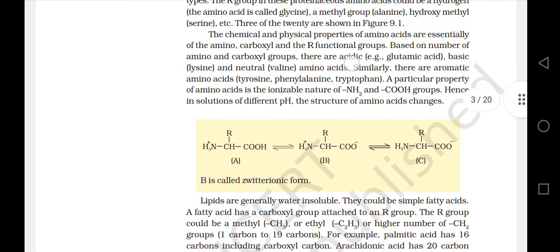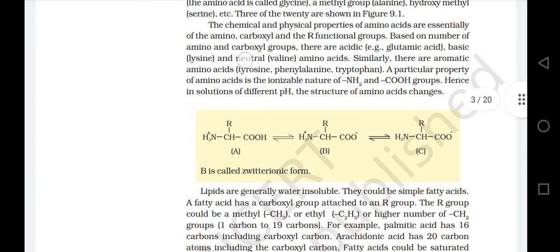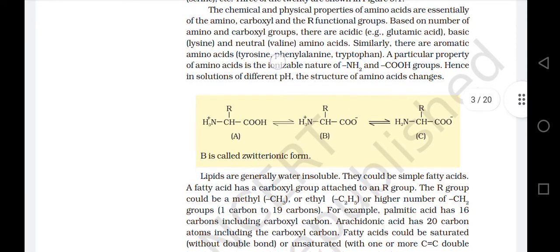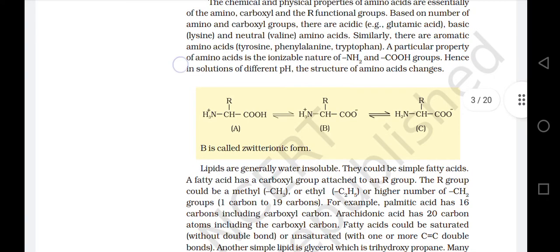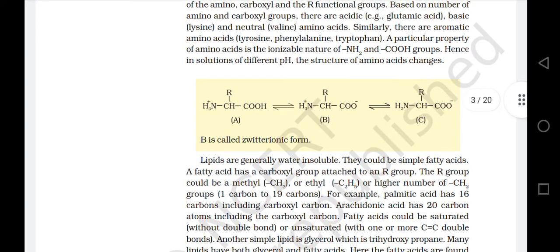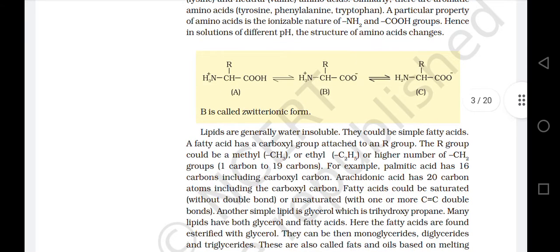There are acidic, for example glutamic acid, basic, and neutral valine amino acids. Similarly, there are aromatic amino acids: tyrosine, phenylalanine, tryptophan. A particular property of amino acids is the ionizable nature of NH2 and COOH groups. Hence, in solutions of different pH, the structure of amino acid changes.